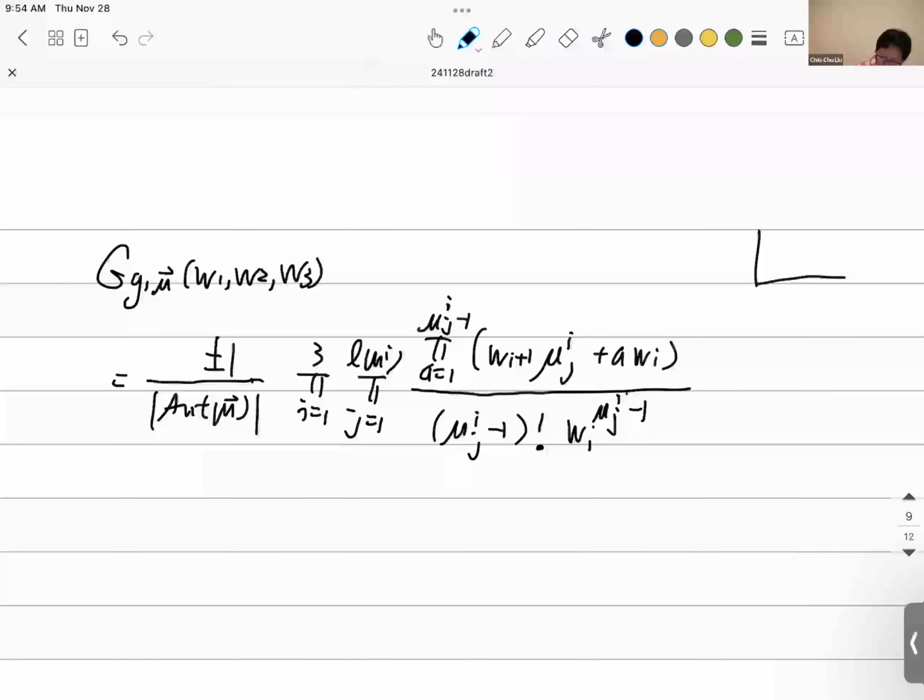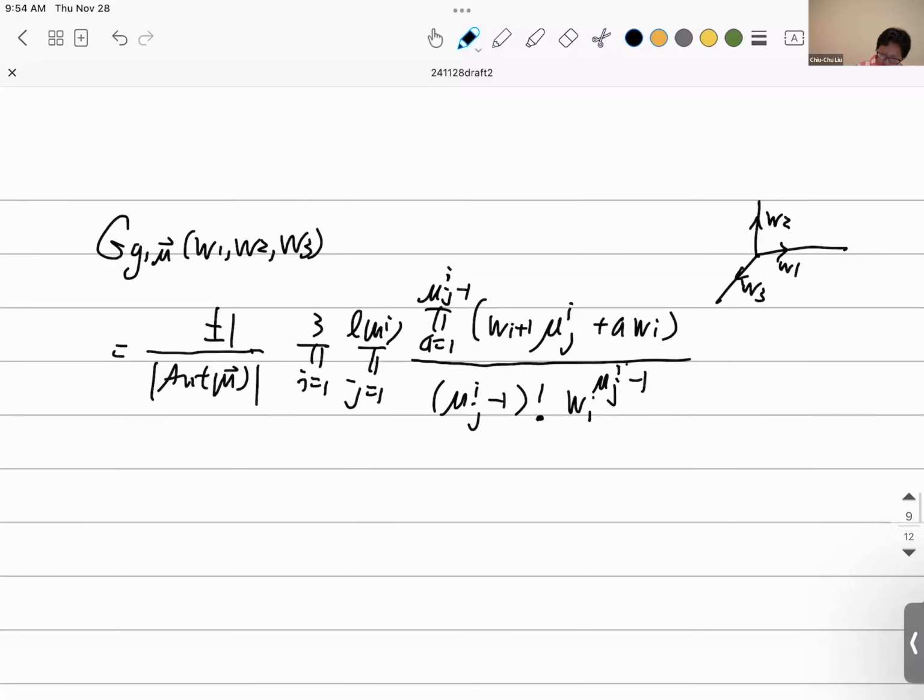So here W1, W2, and W3 are the tangent weights at the origin of C3.